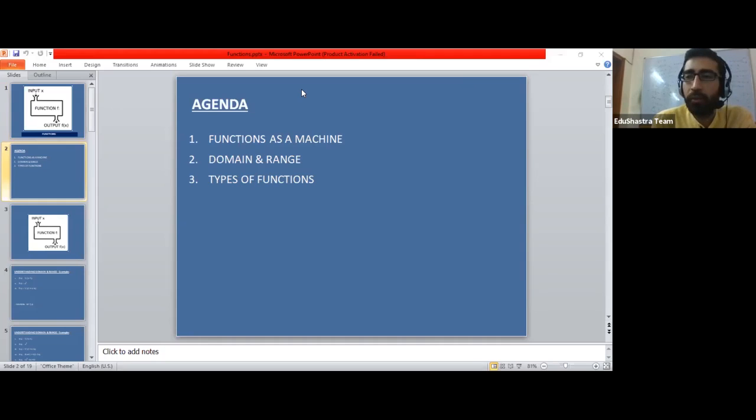We've already talked about quadratic function, but we'll also talk about categories of functions like composite functions, odd and even functions, and piecewise functions. This is the broad agenda for functions today.